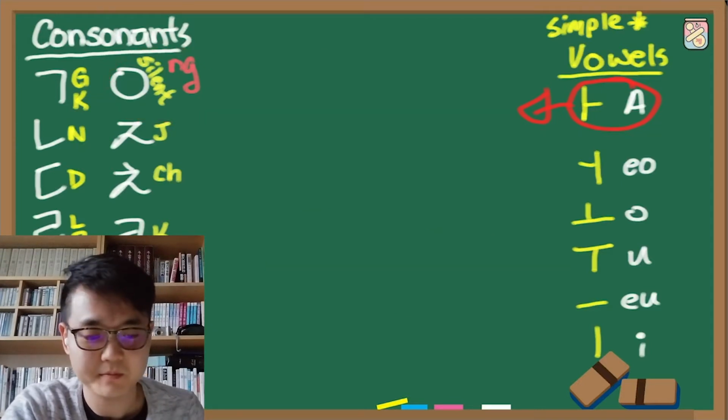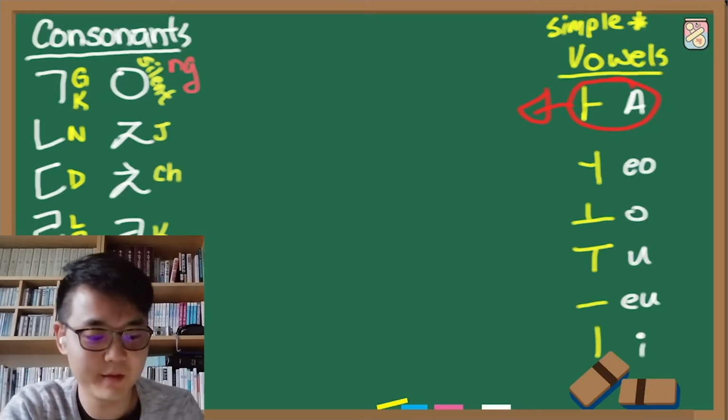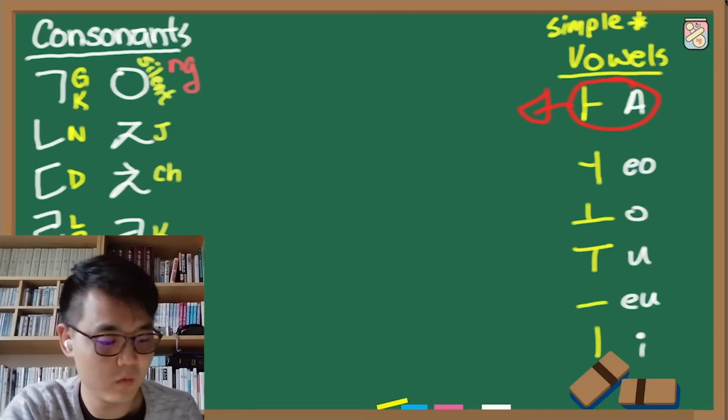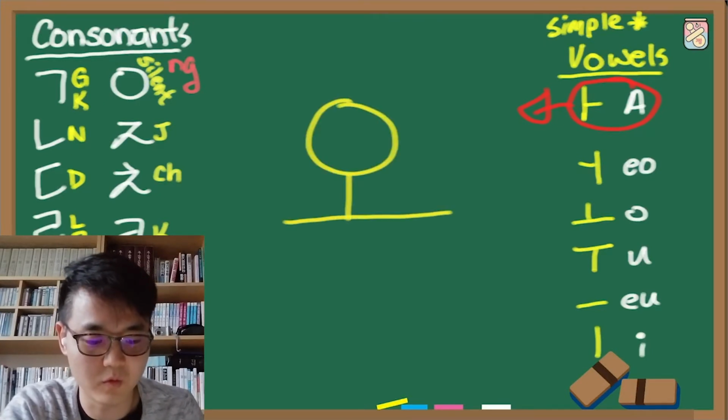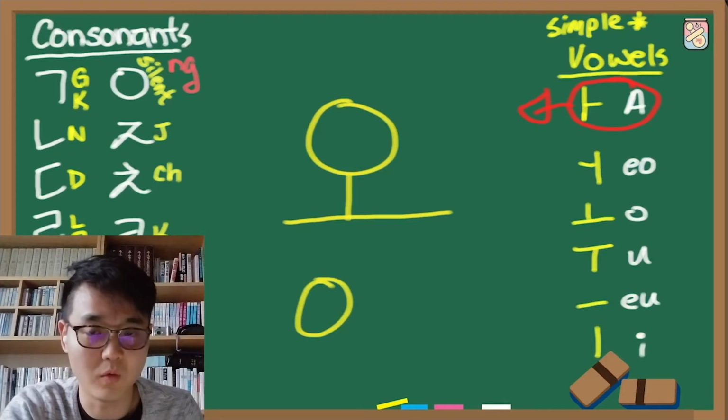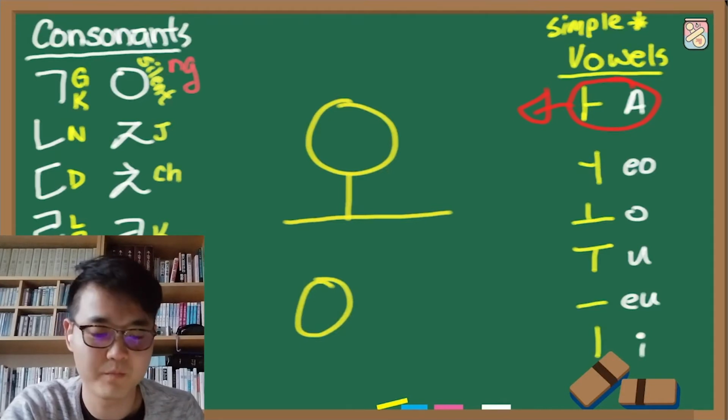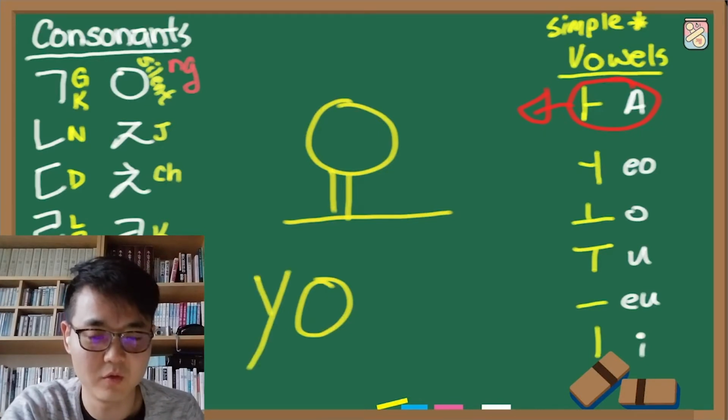And the next one will be O. Just simply O. If you add 짝대기, it becomes yo.